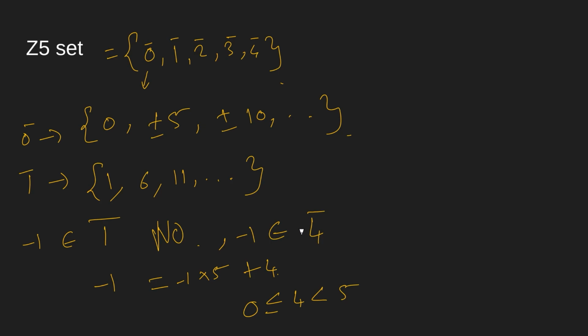You can verify that the negative numbers of this type, -4, -9 and so on, have the remainder 1, because -4 can be written as -1 times 5 plus 1.